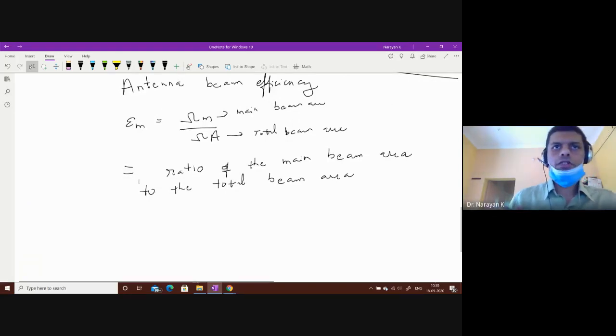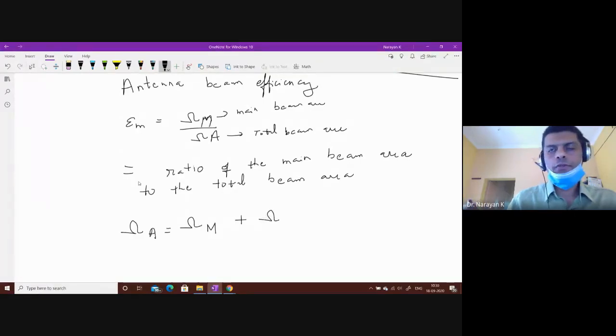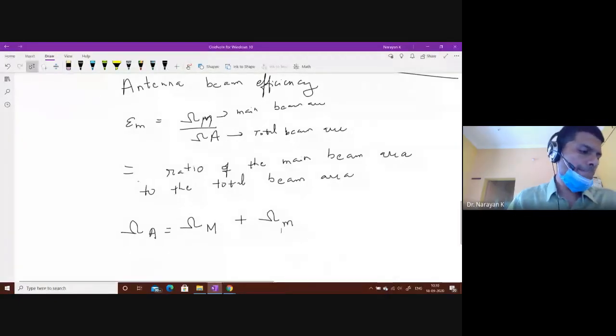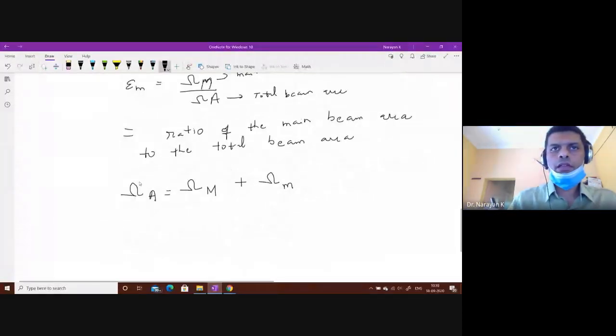Okay. So your total beam area omega A is given by, sorry, this is capital M. Just make one small correction. Omega A is given by omega M, that is the main beam area, plus omega small m, that is your minor beam area.